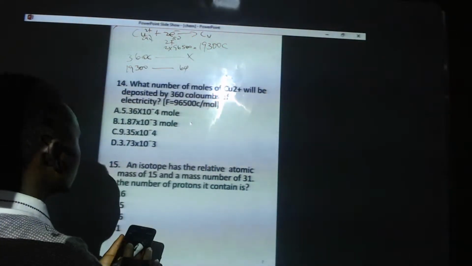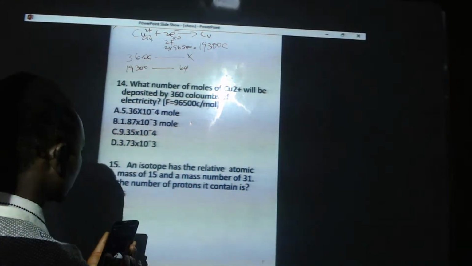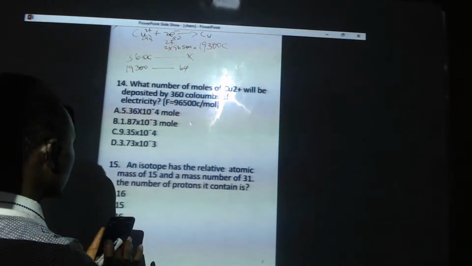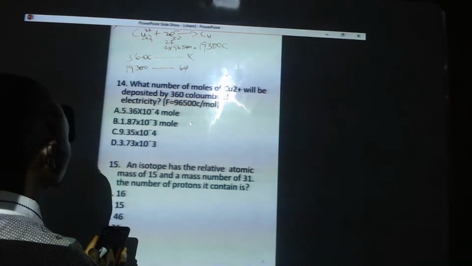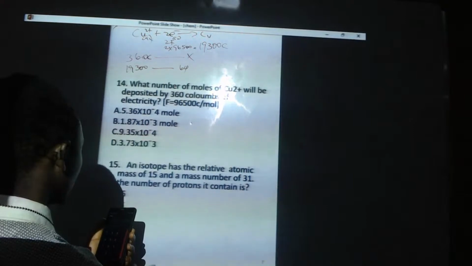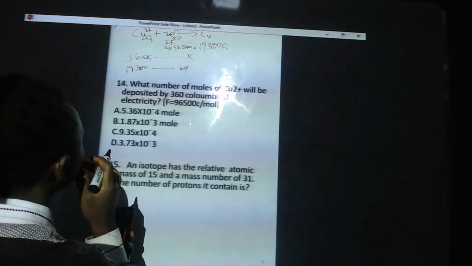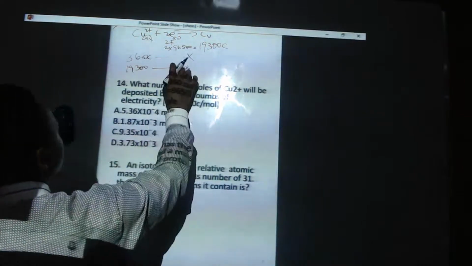So what you do now is your cross multiplication. It will be 360 times this.